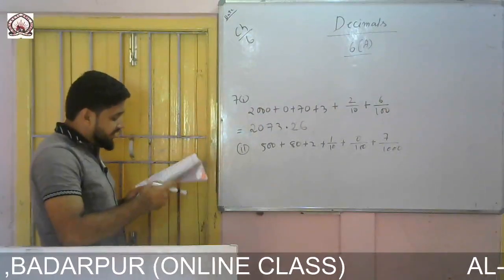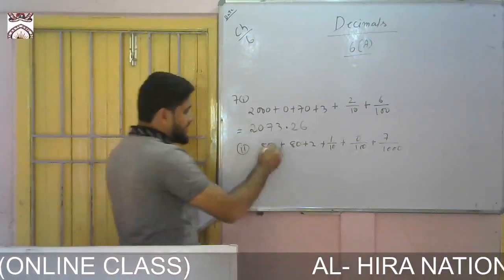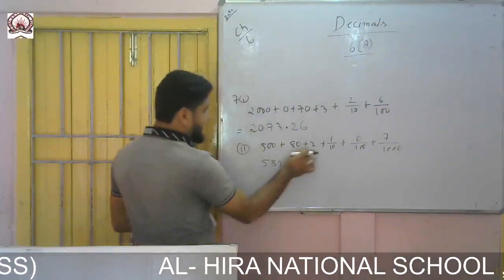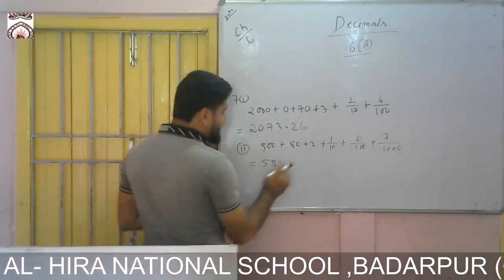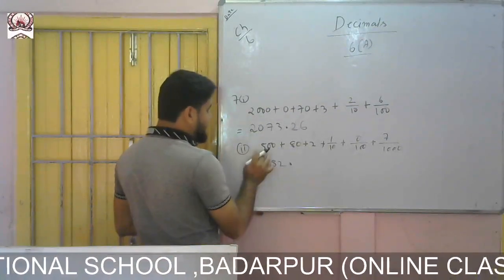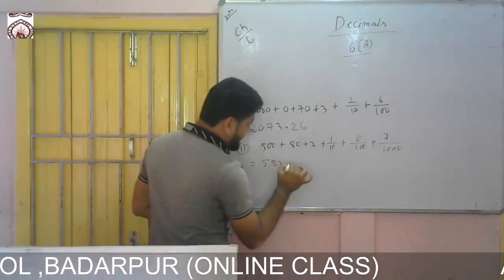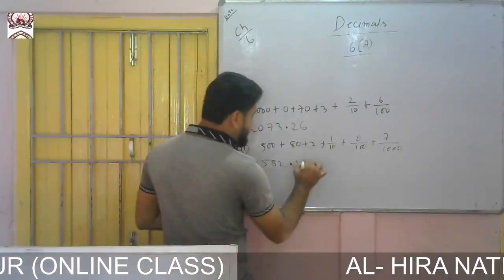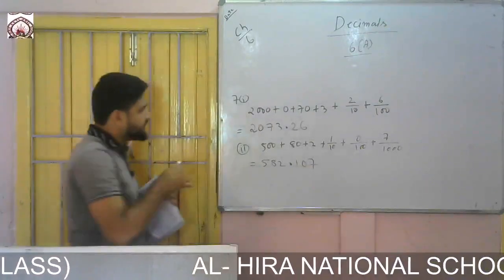Here you see 500, so 582. 2 is in the ones place, 80 is in the tens place, and 5 in the 500 place. Then these are the fractions, so I shall start after writing the point. So 1 is in the tenths place, 0 is in the hundredths place, and 7 is in the thousandths place. So that is the answer.